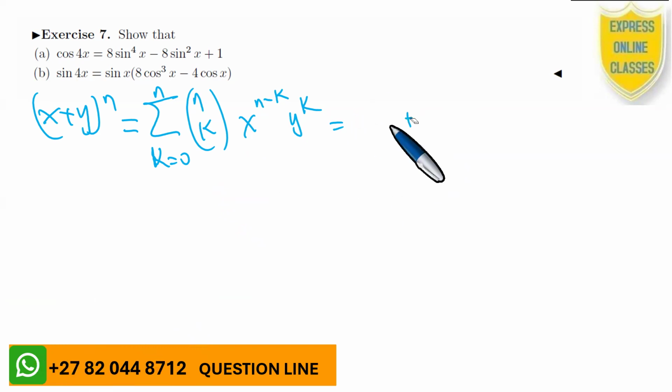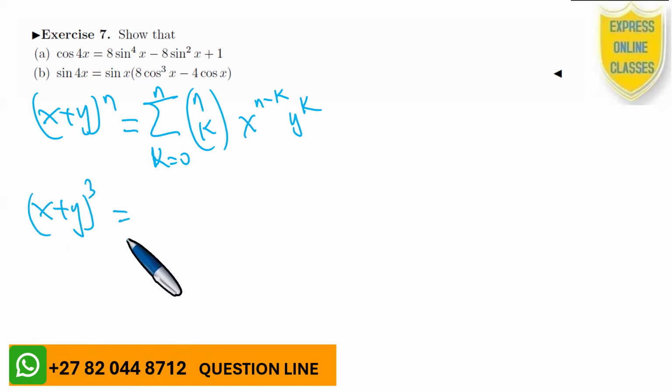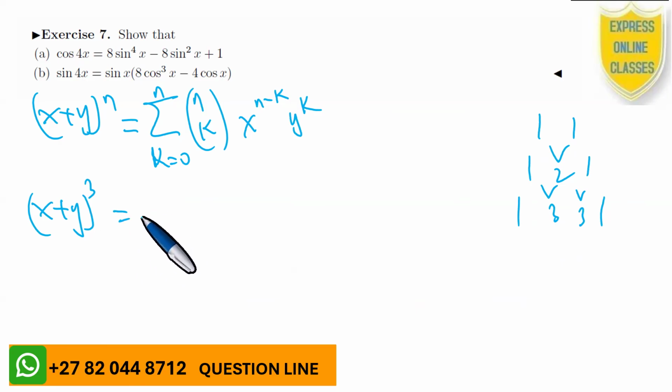Let me use a nice example. A nice example would be a cube, like x plus y to the power 3. The Pascal's triangle rows are 1, then 1 1, then 1 2 1, then 1 3 3 1. So you raise it to the cube. By the binomial theorem, you write x cubed, y to the power 0.